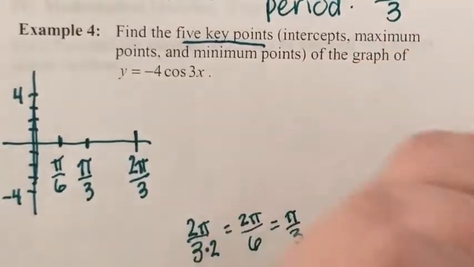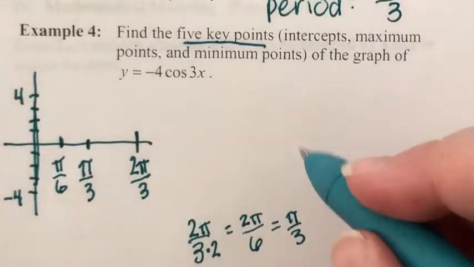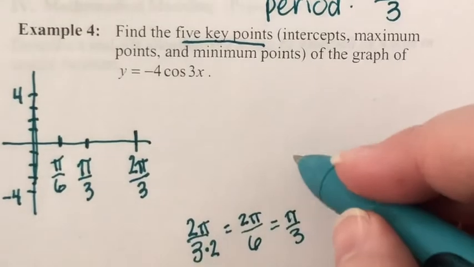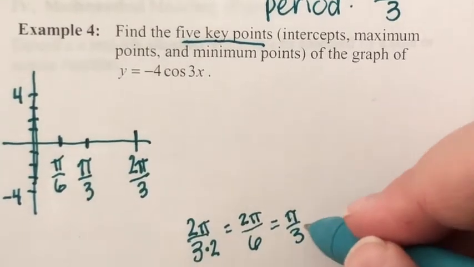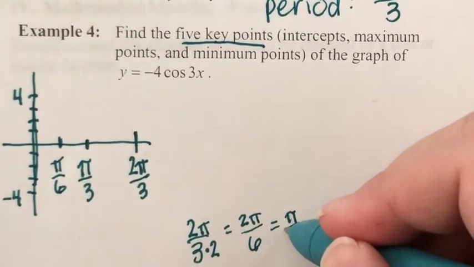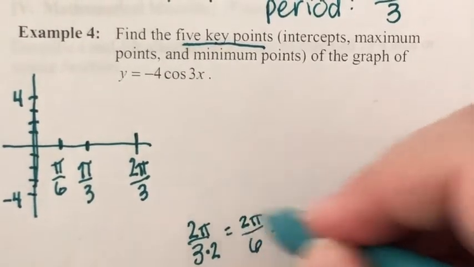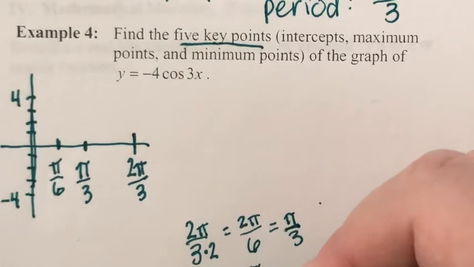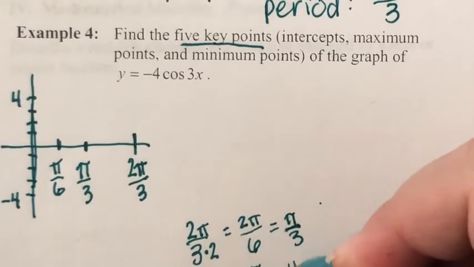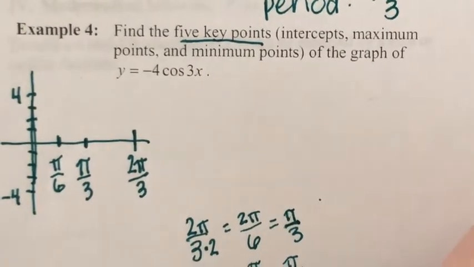And halfway between those is going to be pi thirds plus pi sixths. Or if you want to look on your unit circle, you could. So pi thirds plus pi sixths. And maybe you want to think about this in degrees, and it will help.